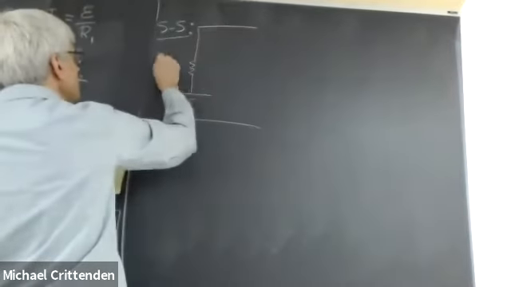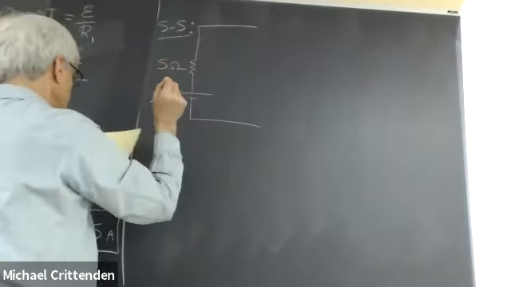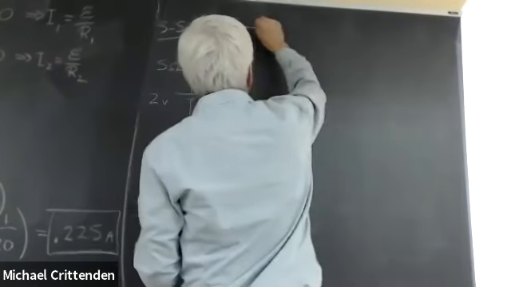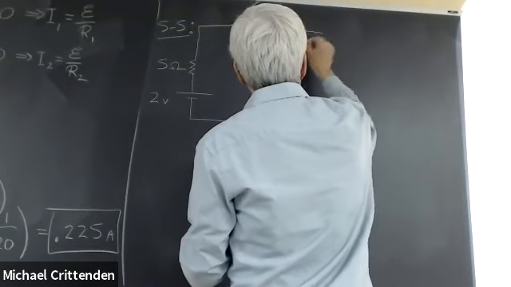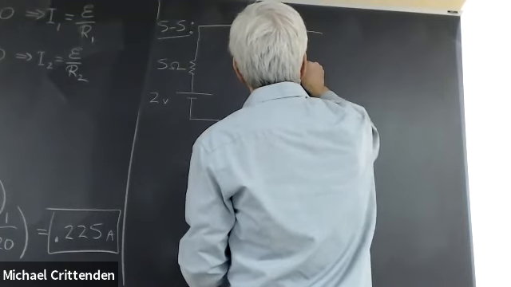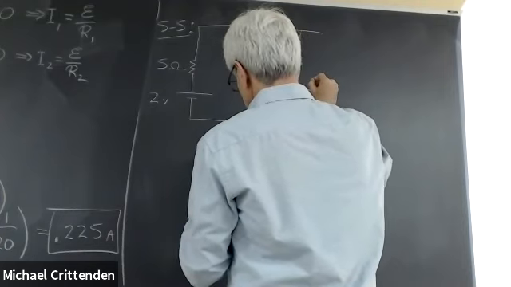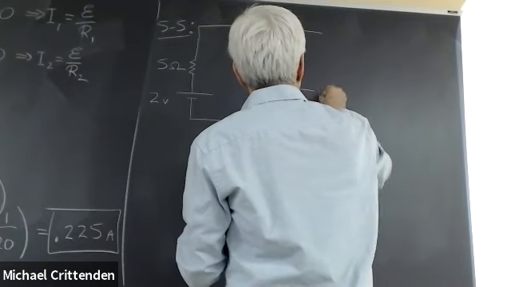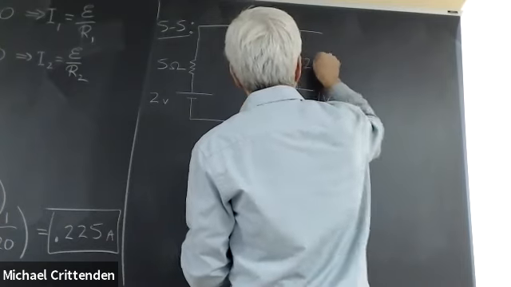We've got 5 ohms, we've got 2 volts in the middle of the picture, we've got 1 volt and 20 ohms.